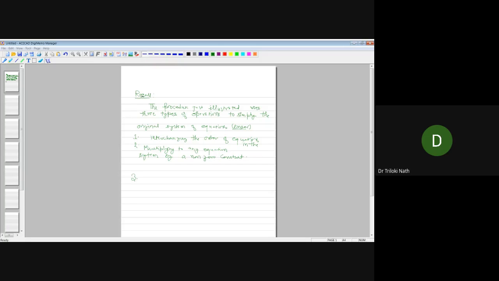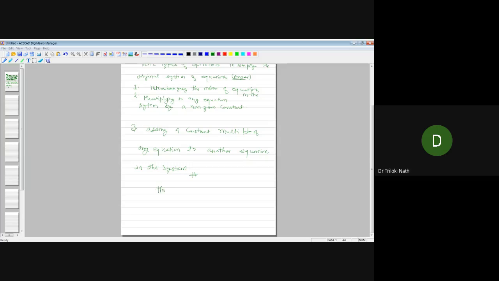And third, adding a constant multiple of any equation to another equation in the system. Right? So these three operations do not change the solutions.